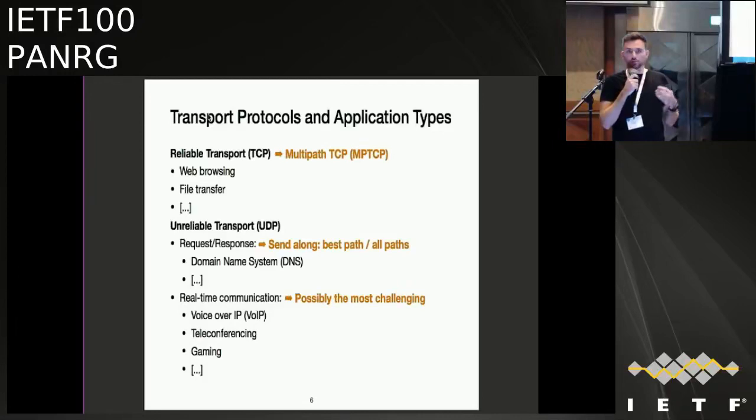The best strategy would be, for example, to send along the best path, assuming we know what that is, or along the best paths. But I think for us, one very interesting scenario was real-time communication, because some applications have very high throughput requirements, and they have also very strict latency requirements.